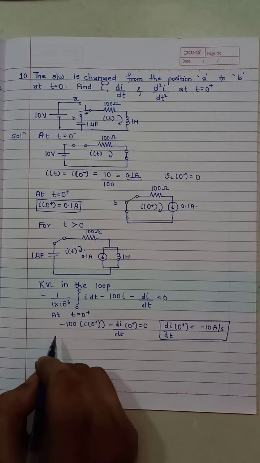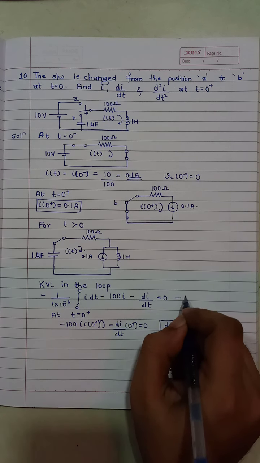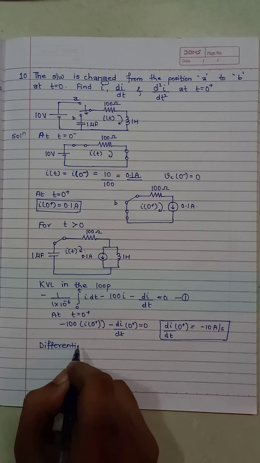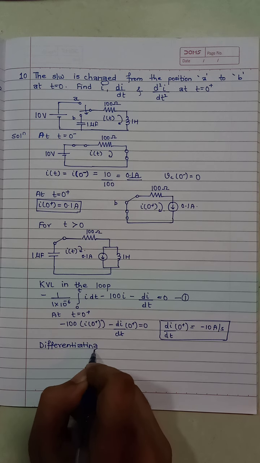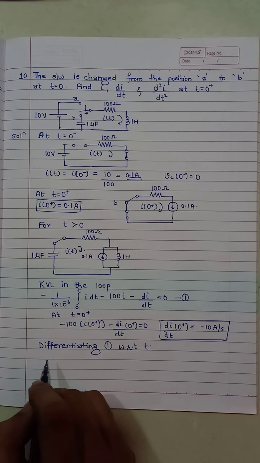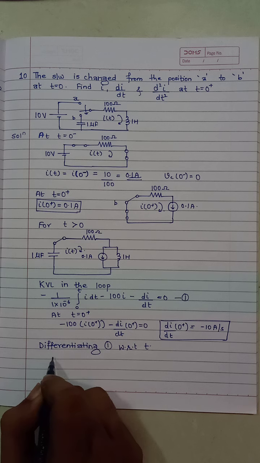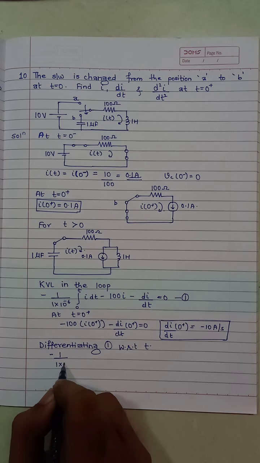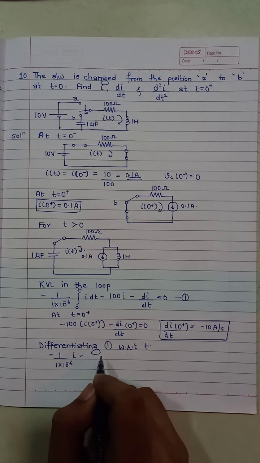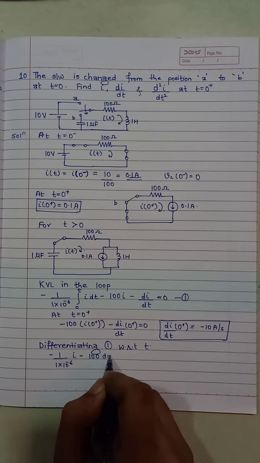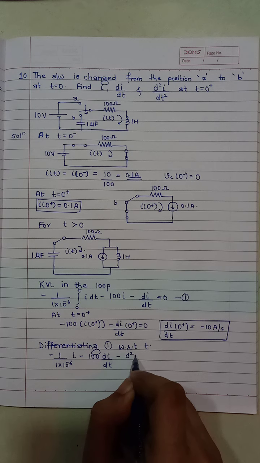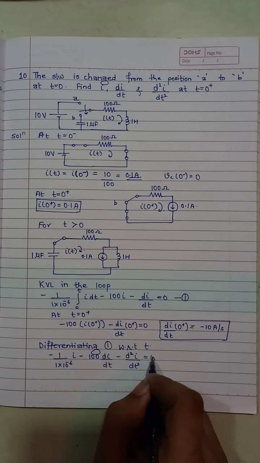Now to find d square i by dt square, call this equation 1. I will differentiate equation 1 with respect to t. So it will give me minus 1 upon 1 into 10 raised to minus 6 i minus 100 di by dt minus d square i by dt square equals to 0.